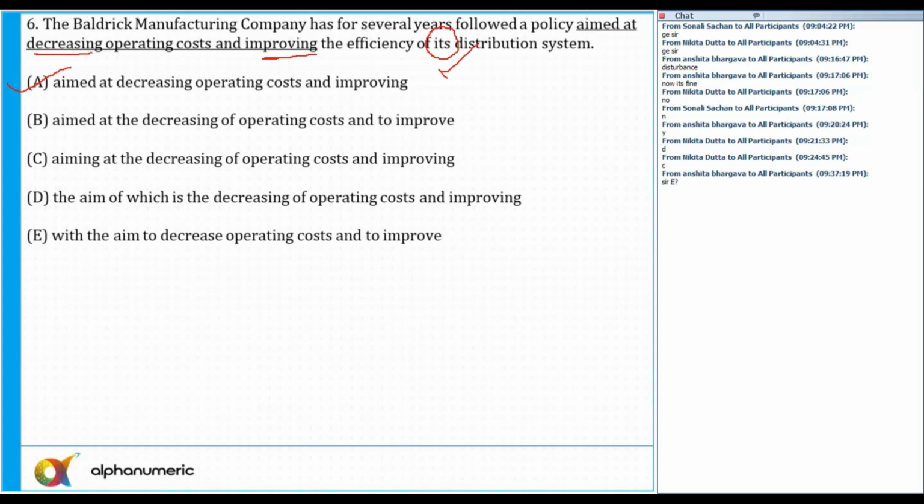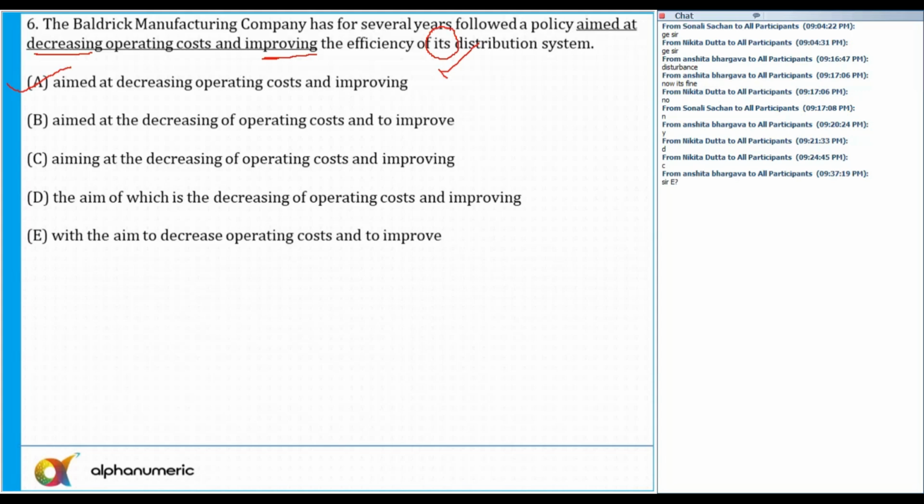Number E. The Baldrick Manufacturing Company has for several years followed a policy with the aim to decrease operating costs and to improve the efficiency. Okay. But why do we need to unnecessarily change it?